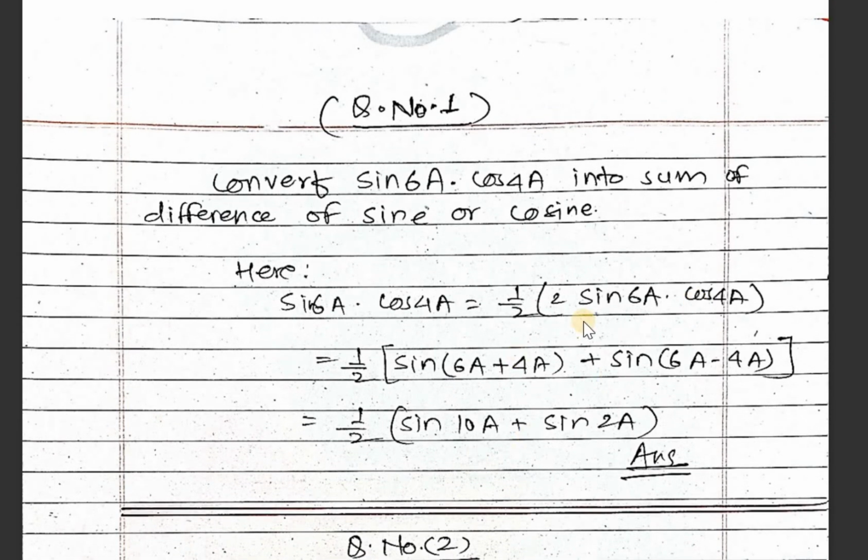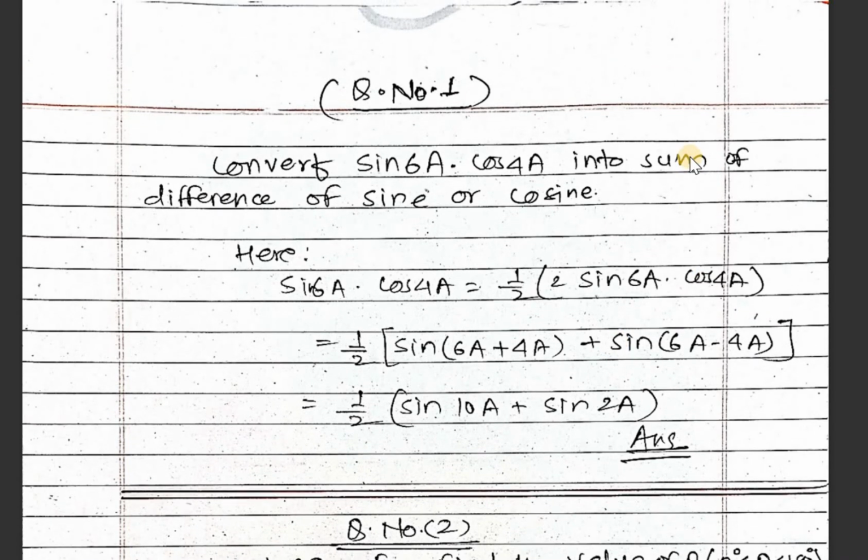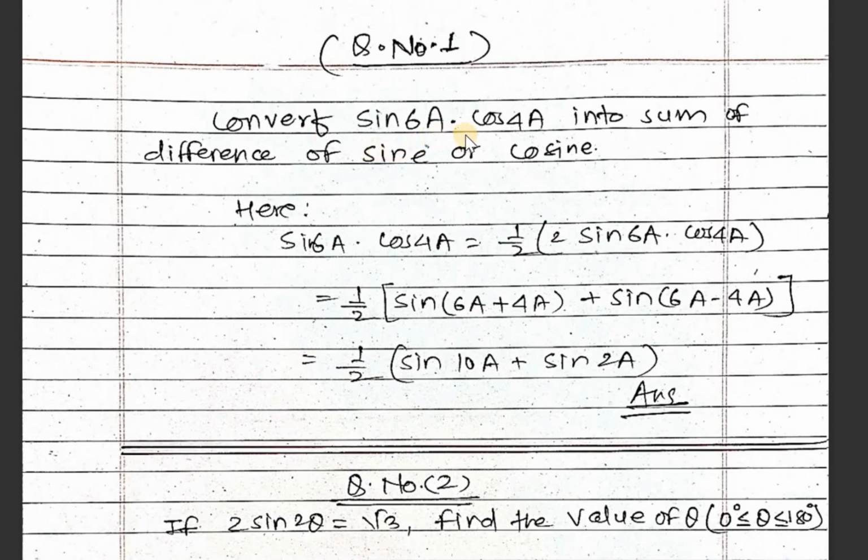Numerical problems of trigonometry. There are different questions which are mainly asked for 2 marks in the SEE exam. The first problem is to convert sin 6A cos 4A into a sum or difference of sine or cosine.